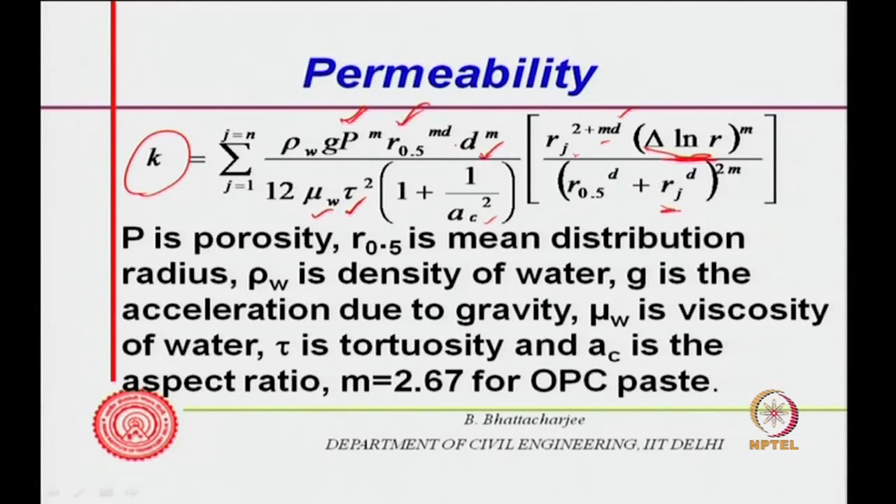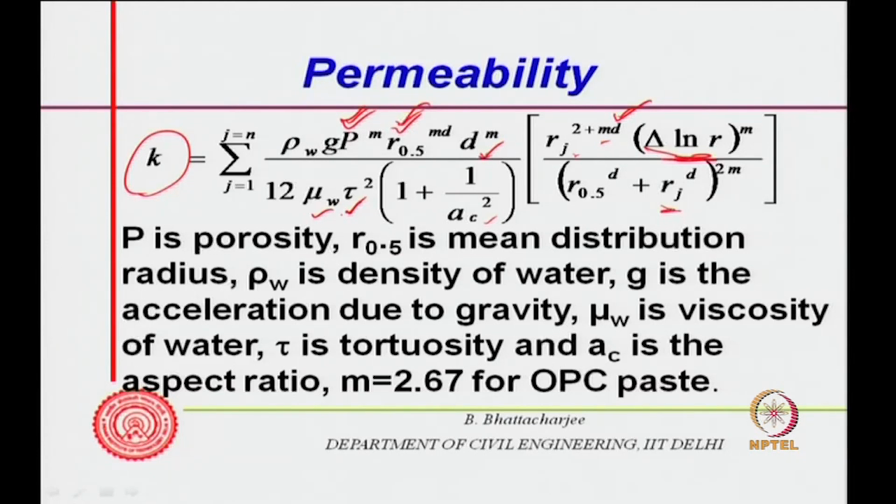So, in nutshell, what we see? We see that K depends upon pore size distribution. As many number of sizes you have, K will vary according to that. It also depends upon dispersion of these pores and mean radius. Now, all this and P itself depends on water cement ratio, average particle size of cement or particle size distribution of the cement even maybe, and age.